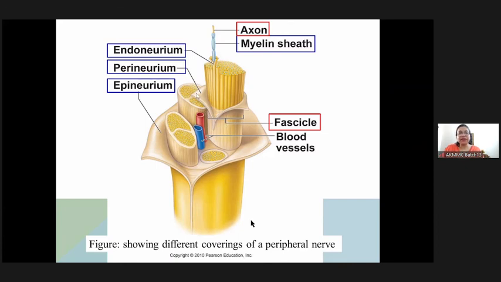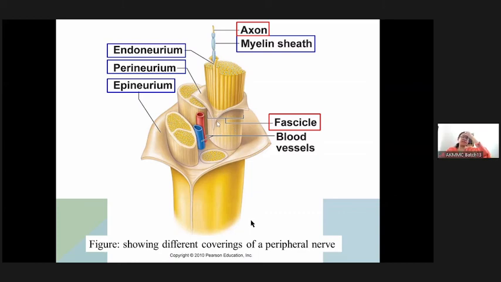A fascicle is covered by perineurium. A single nerve fiber is covered by endoneurium, and the fiber is formed by an axon. This axon is covered by a myelin sheath, which is formed by one Schwann cell. Okay.